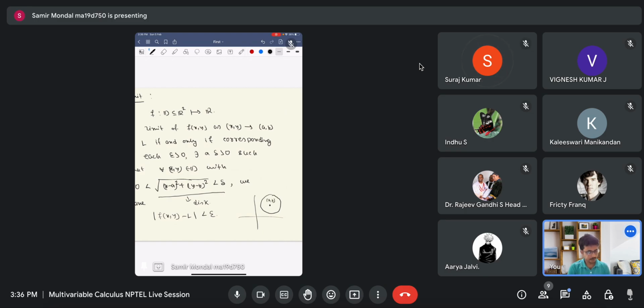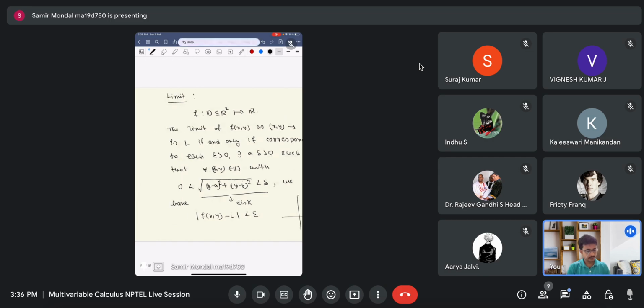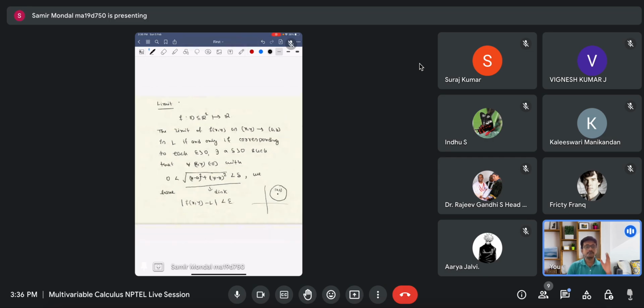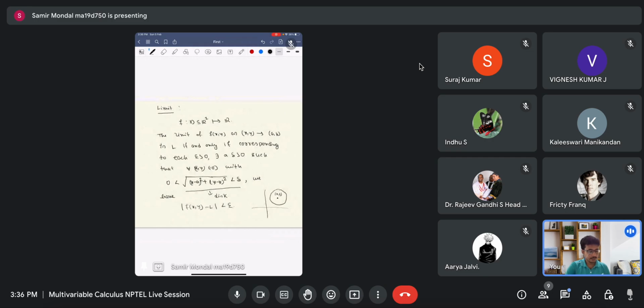Fine, sir. So for the two variable case, the limit of a two variable function, when (x, y) is approaching some value (a, b), (x, y) may come from anywhere. One can observe that for one variable there were only two directions.